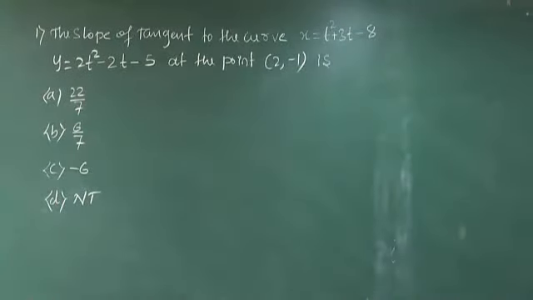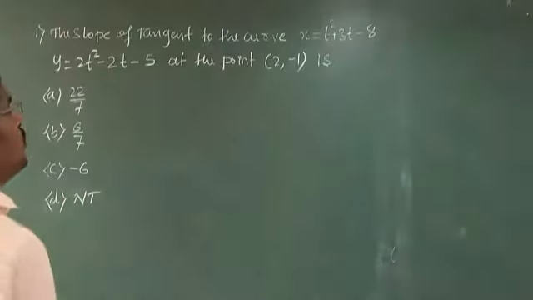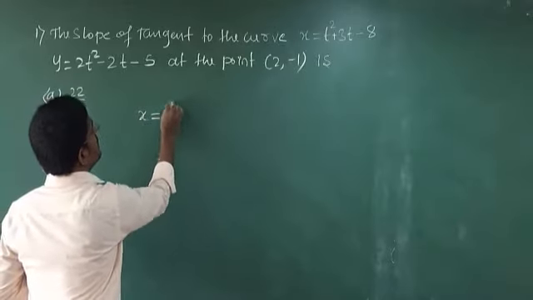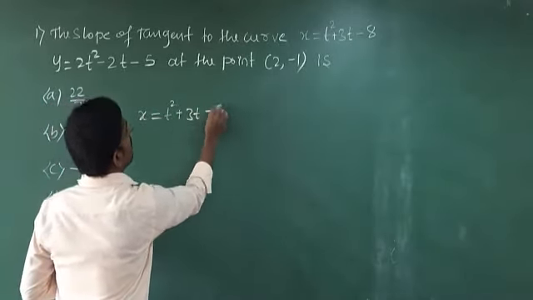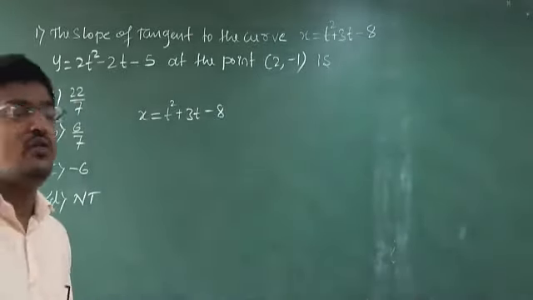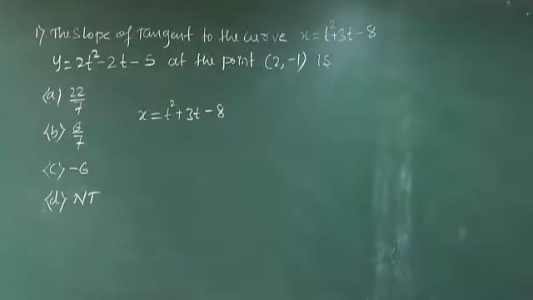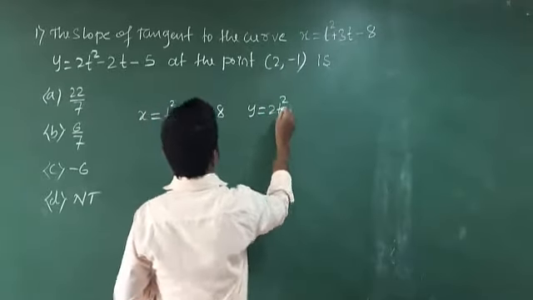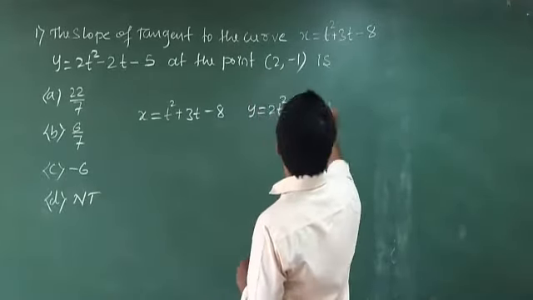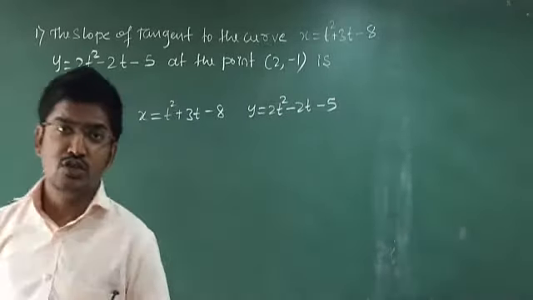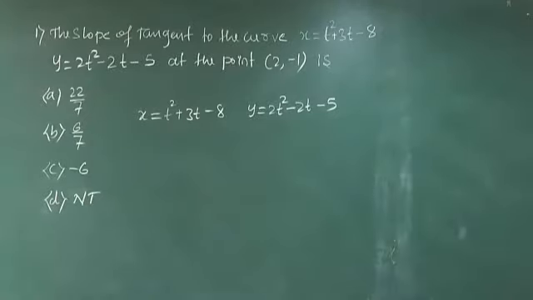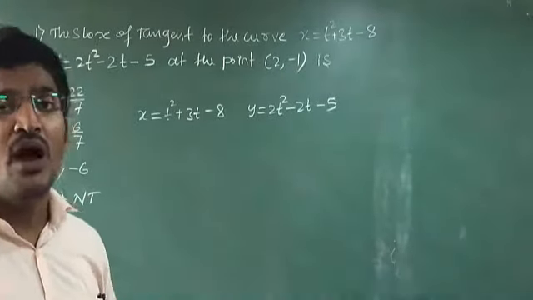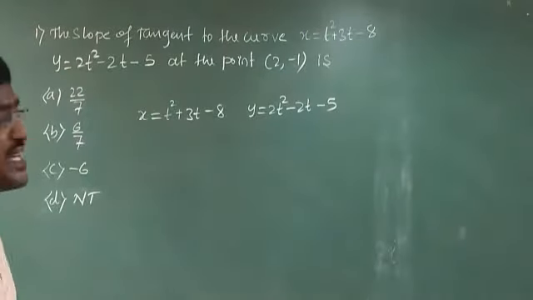Find the slope of tangent to the curve x equal to t square plus 3t minus 8 and y equal to 2t square minus 2t minus 5 at the point 2 comma minus 1.